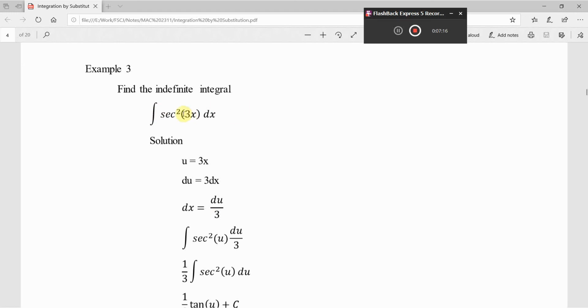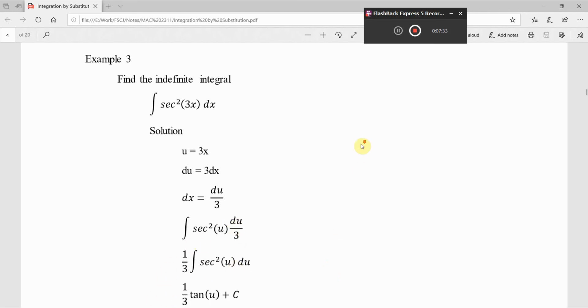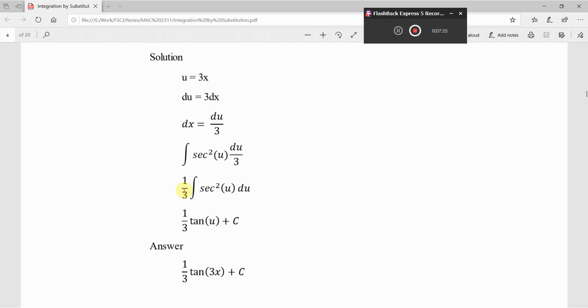So inside my integral, where the 3x is located, I replace that with a u. Where the dx is located, I replace that with du over 3. Well, my over 3, again, that's a 1/3, so that becomes a coefficient outside my integral. And I get 1/3 times the integral of secant squared of u times du.